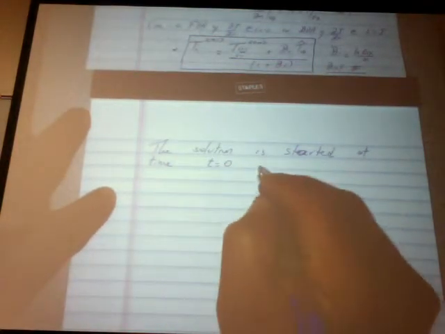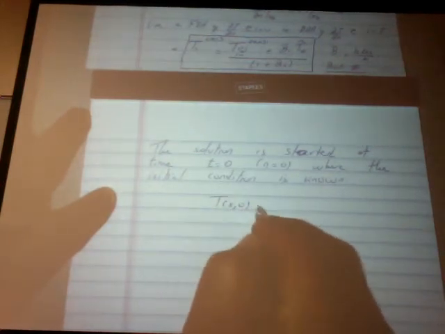So the solution process is started at time t equals 0, the first time step, where the initial condition is known.